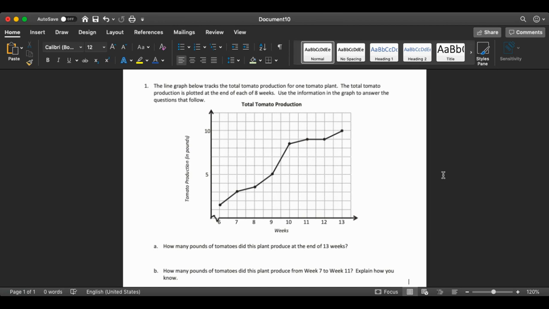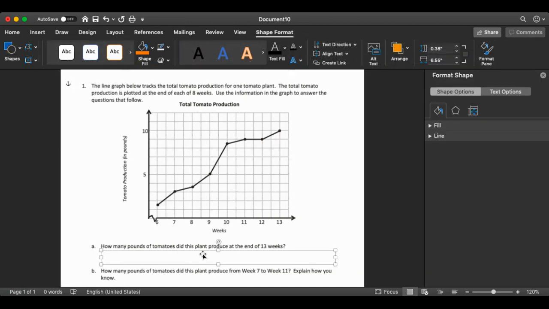All right, it says first, how many pounds of tomatoes did this plant produce at the end of 13 weeks? So I have to go to the end here, and I'm noticing 13 weeks, it is at 10 pounds. So at the end of 13 weeks, it produced 10 pounds.